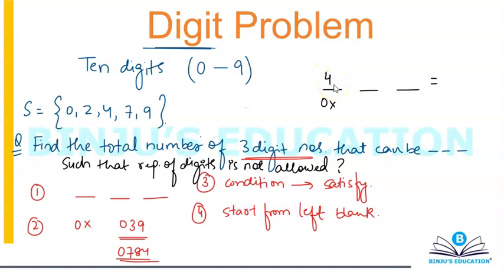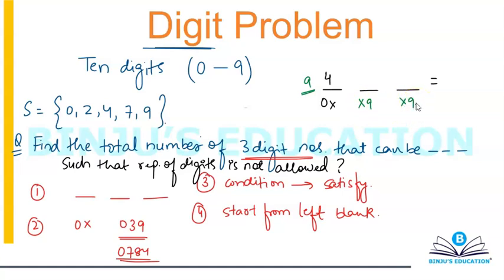Now, one of the digits that you will be using at the hundreds place, the leftmost dash, cannot be used again. For example, let's suppose you use the number 9 here. That means I can't use 9 here, I can't use 9 here also.